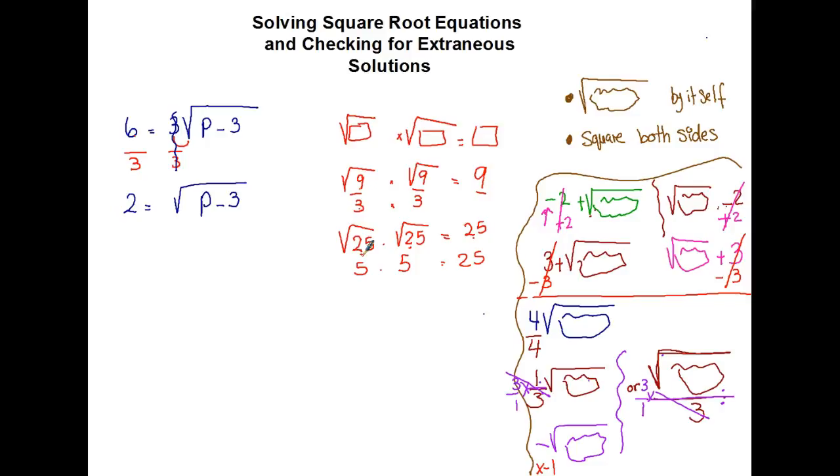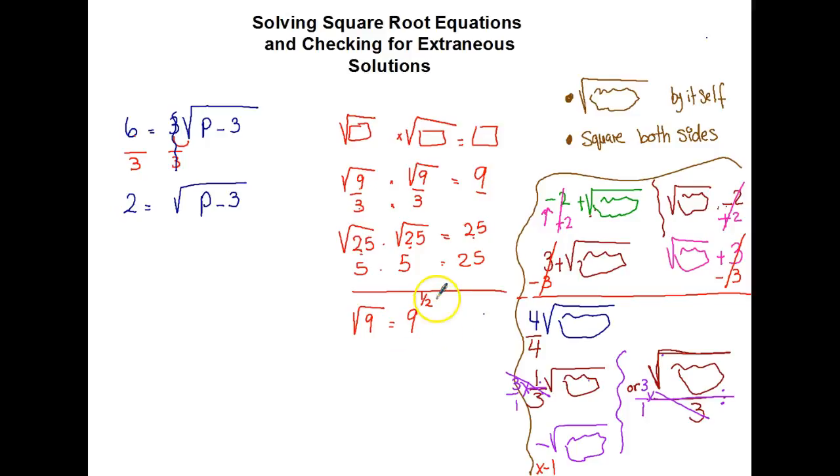Or we can also justify it using power rules. Square root of 9 is the same as 9 to the half, because we learned before that the square root means a half, cube root is a third, fourth root is a fourth, 10th root is 1 over 10.